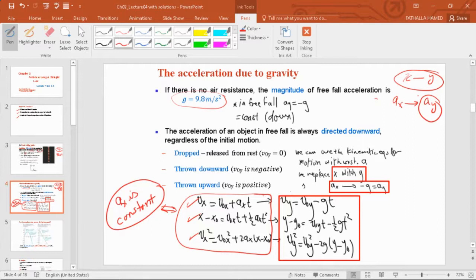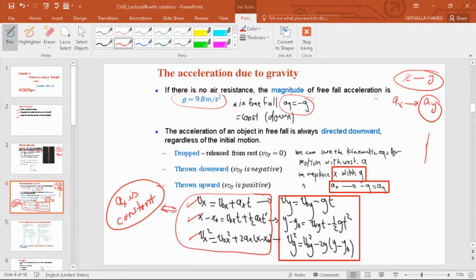So ay will be our acceleration along the y direction, because we're looking at free fall vertical to the surface of the Earth, and we're going to use this vertical as the y component in our case here. So now the ay here, the gravity will be pulling toward the surface of the Earth.